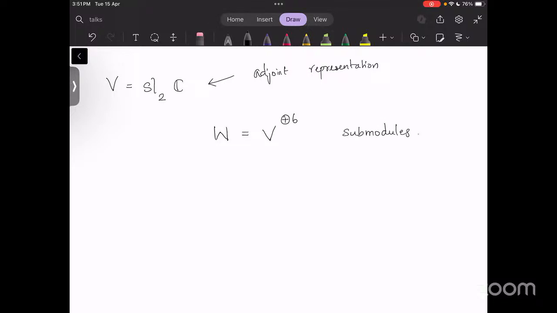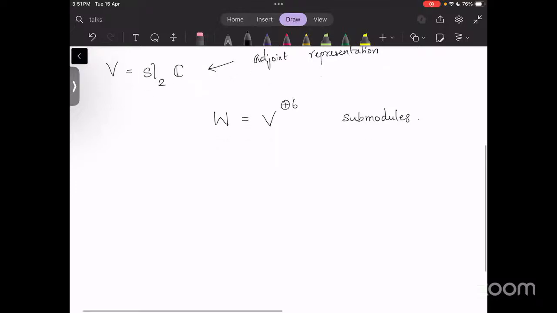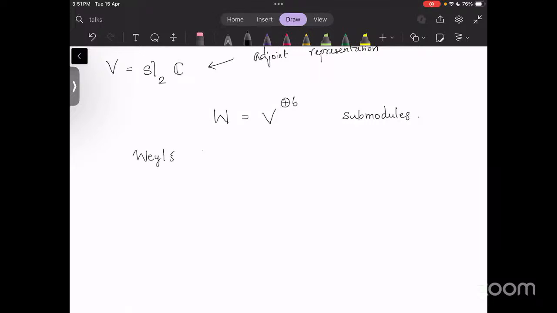If we recollect Weyl's theorem, you could think of V to the power 6 as having a semi-simple Lie algebra, like six copies of SL2C.